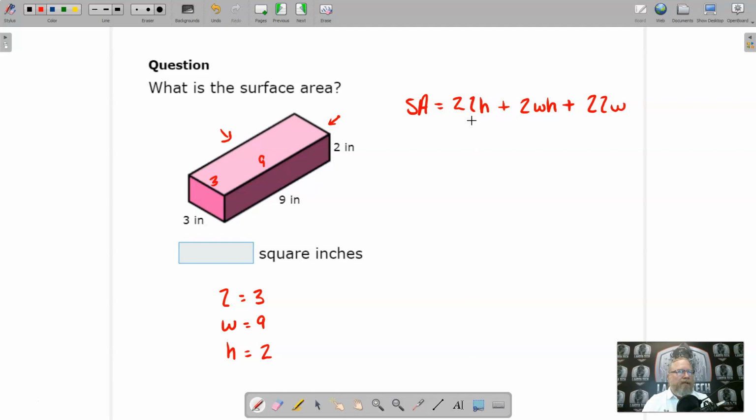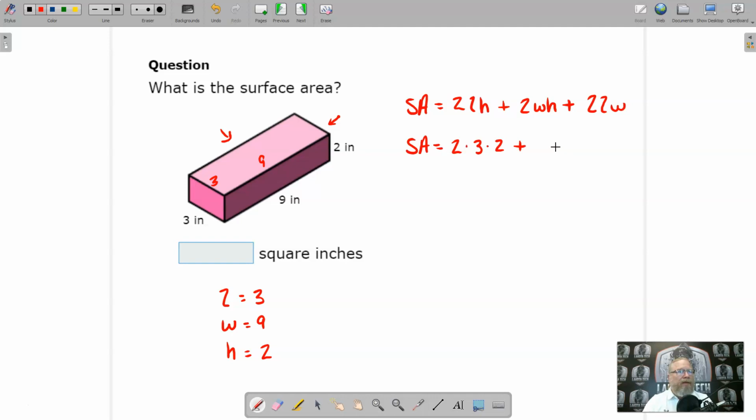So that's 2 times the length times the width. So it looks a little messed up there, I suppose, but we'll go with that, all right? And that would give us our surface area because we have 2 panels here, 2 here, and 2 here for a total of 6 of them altogether. So let's go with our surface area is going to equal 2 times the length is 3 times the height, which is 2.